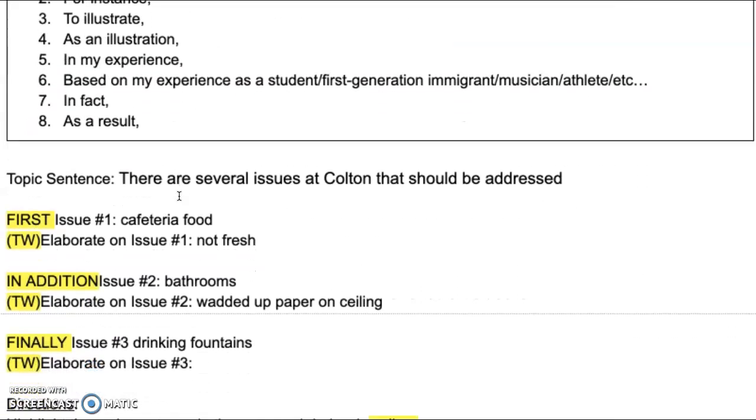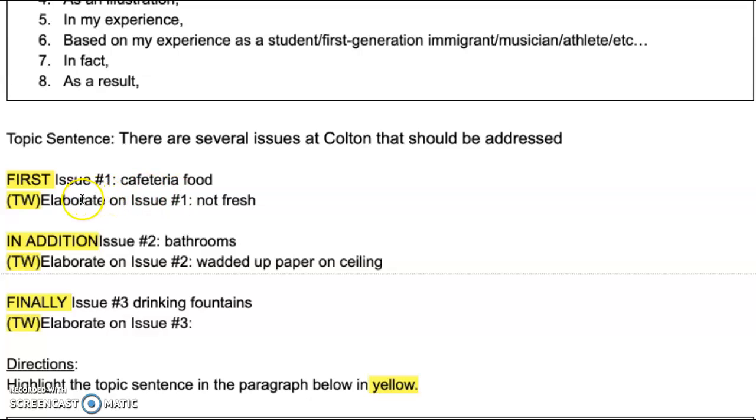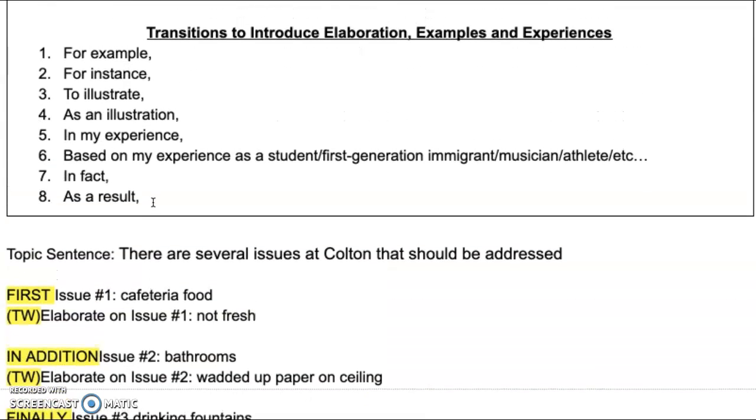Now, for each of my big ideas, I'm going to elaborate on them so the reader understands why I think it's important. So I'm going to use these transition words for elaborating.